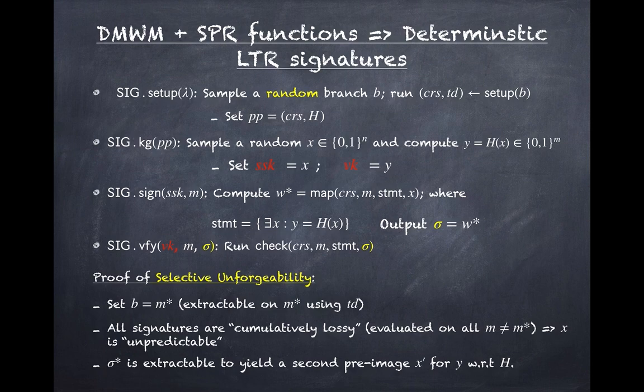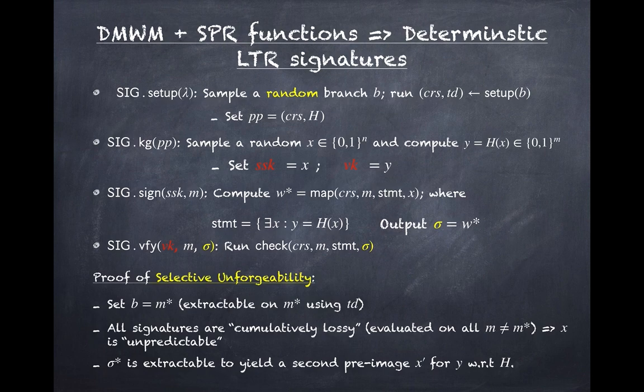And now since the adversary cannot ask for signatures under M star, this corresponds to evaluation of the DMWM under different lossy branches. At this point, the cumulative lossiness property of the DMWM ensures that the signatures are cumulatively lossy evaluations of the witness, which is X in this case. And hence, X still has a lot of entropy in it.